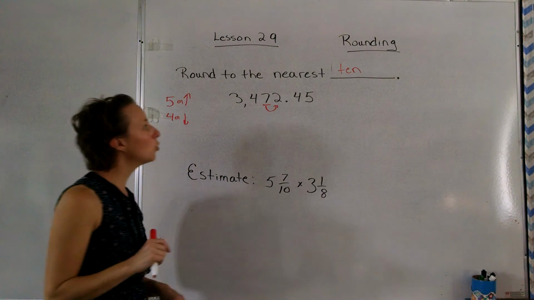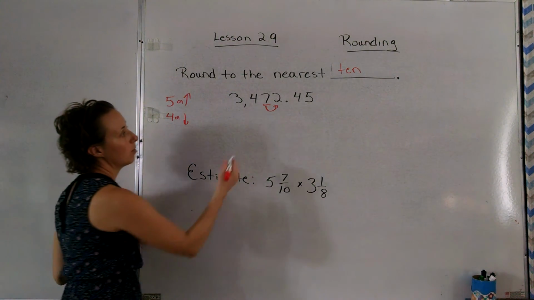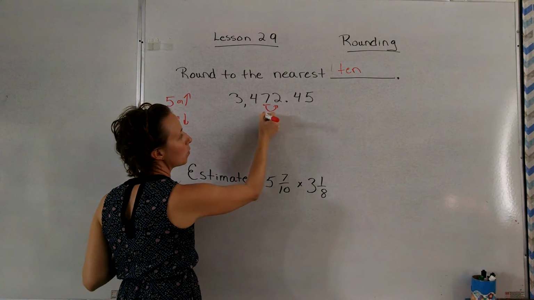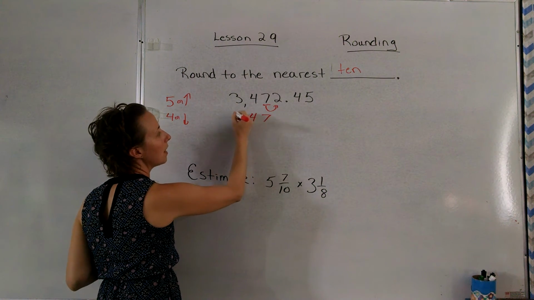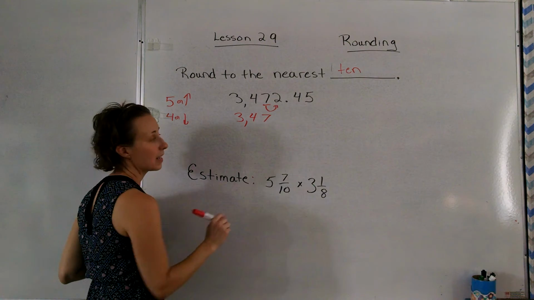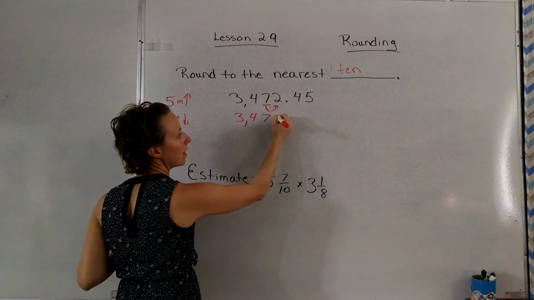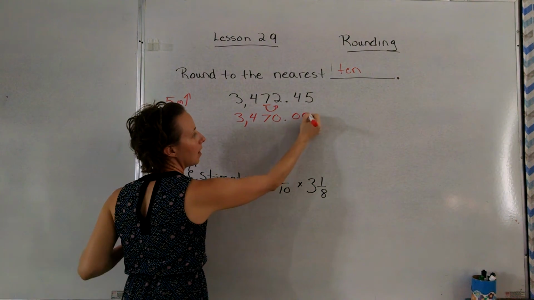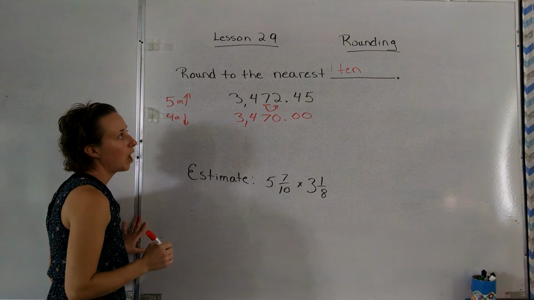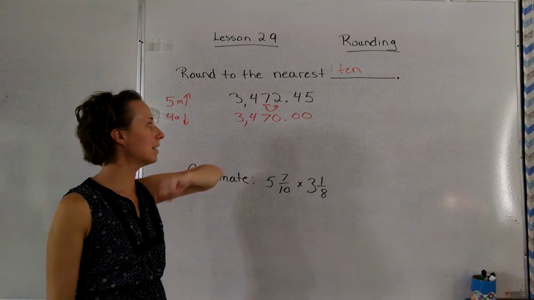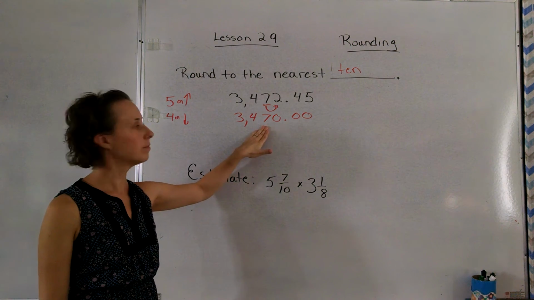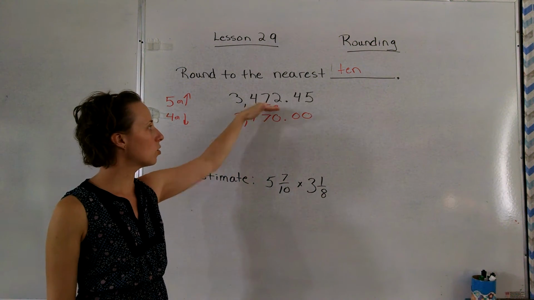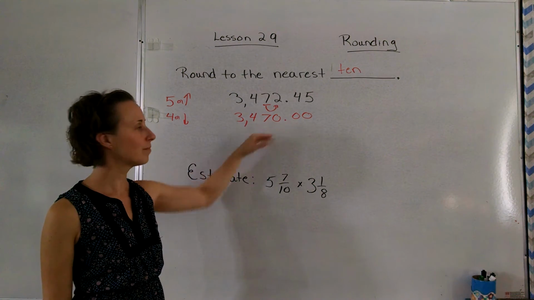Number next door is a 2. 2 is not 5 or higher. So the 7 is going to remain the same. The other numbers to the left are going to remain the same. The numbers to the right, don't forget about them, are going to become zeros. So to the nearest 10, instead of being 72, we round it to 70. Which makes sense, right? 72 is pretty close to 70.